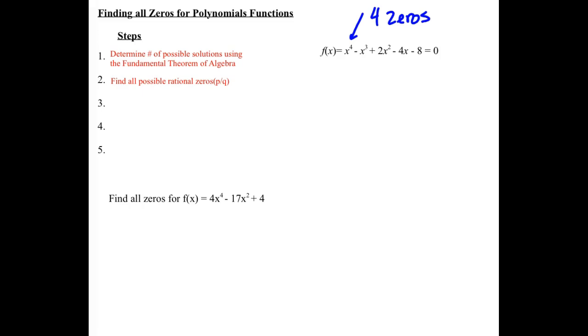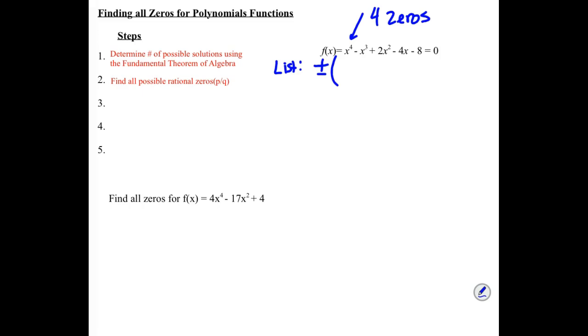So based on this example, I need factors of my constant term divided by factors of my leading coefficient. What's my leading coefficient? 1. It's always beautiful when your leading coefficient is 1 because dividing by 1 isn't going to do anything, right? It's going to make this pretty simple. So we can have positive or negative factors. We're going to simplify it just by putting that plus minus in the front of the whole list instead of in front of each individual number.